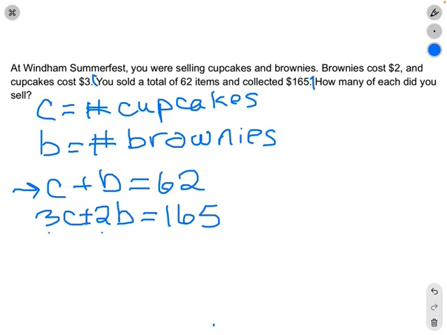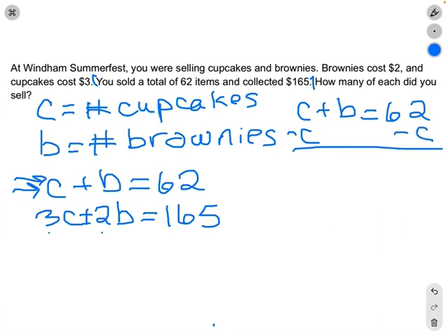So I'm going to get rid of the C in this equation. So let me start by just rewriting it over here. And then I'm going to just subtract C on both sides. So this is like when we were solving for Y in topic 1. And so this is just going to be 62 minus C.